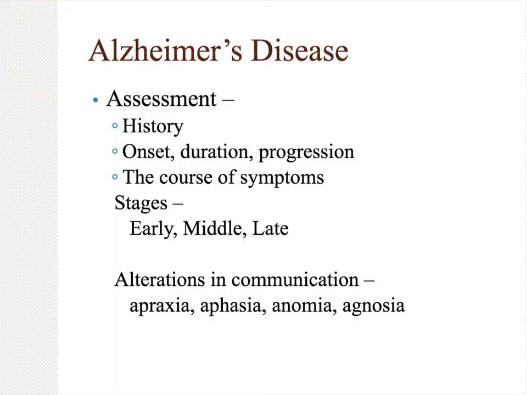Discussing what to look for as far as the assessment in a patient with Alzheimer's disease. Often the onset of Alzheimer's disease is a little bit puzzling. Initial changes are almost imperceptible, but gradually progress to serious problems. Initial signs and symptoms often include forgetfulness and short-term memory loss, difficulty learning and remembering new information, deterioration in personal hygiene and appearance, and inability to concentrate.